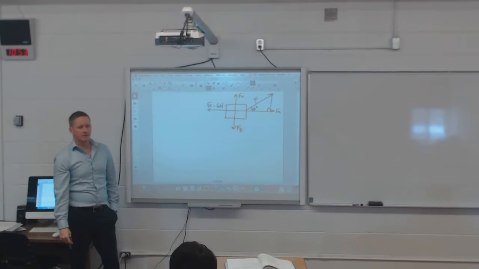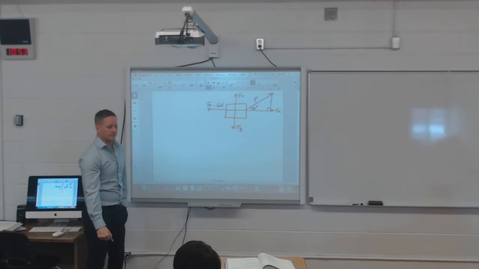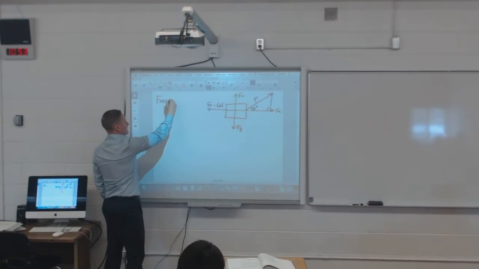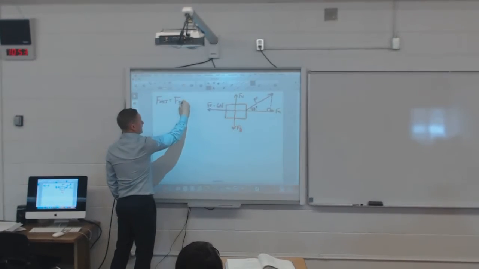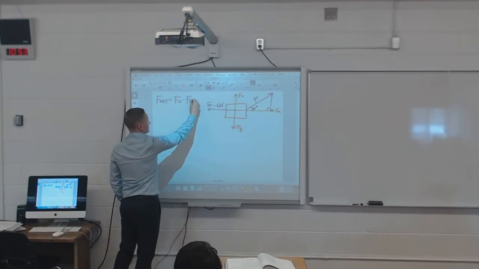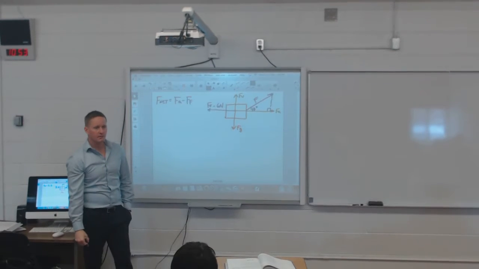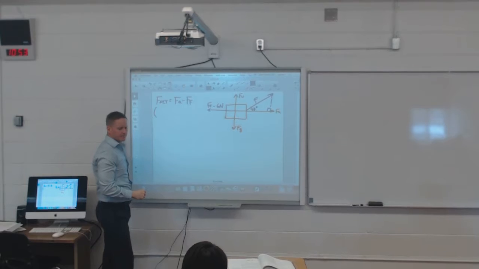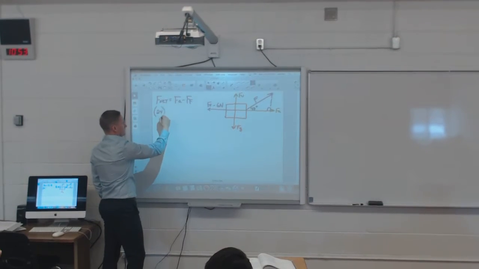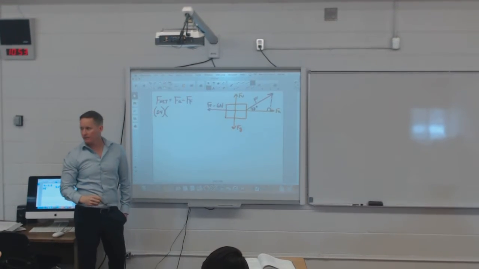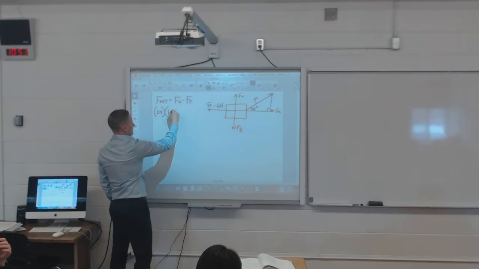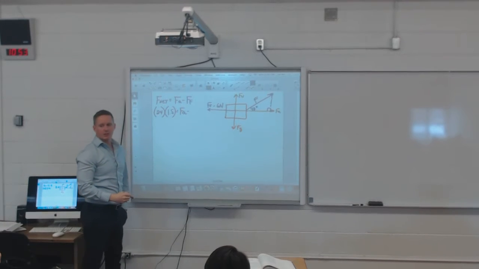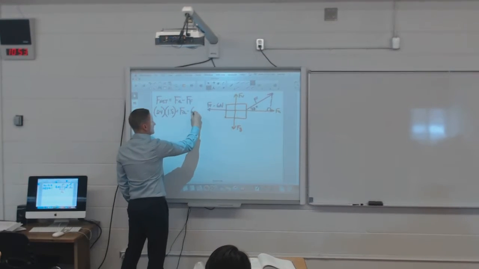First things first. How do I find my net force? Mass times acceleration, and applied minus force of friction. Agreed? What's the mass of the wagon? 24 kilograms. What's the acceleration it's moving at? 1.5 meters per second squared. That equals force applied, and my force of friction is 6 newtons.